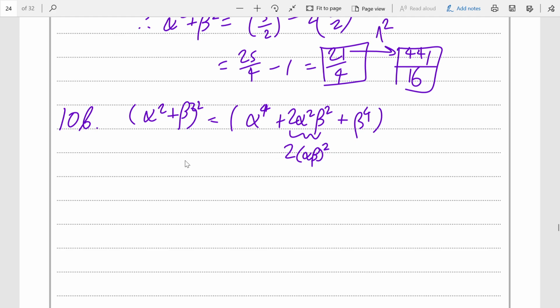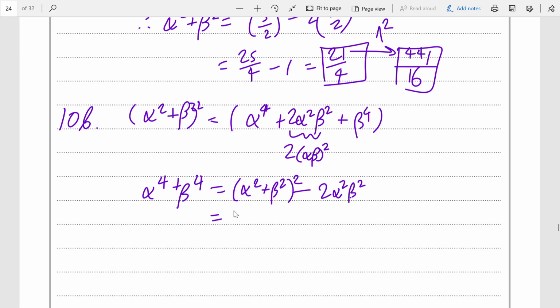So what I suspect is that we need to use our value here, square it, subtract 2 alpha beta squared to get our final answer. So this is an exciting train of thought we've jumped onto. Alpha to the 4 plus beta to the 4 is equal to alpha squared plus beta squared, squared, minus 2 alpha squared beta squared, like this is squared as well.